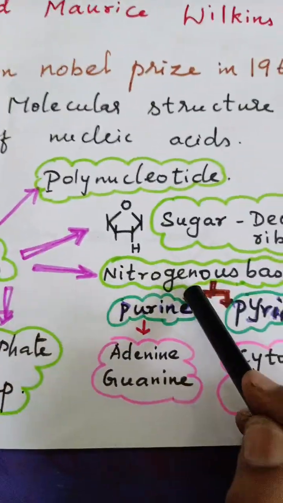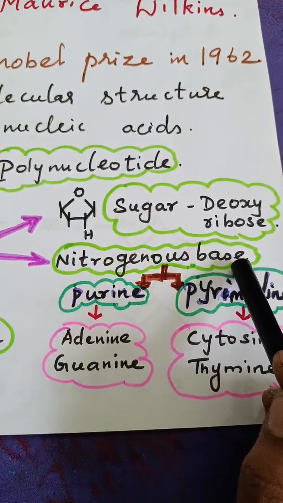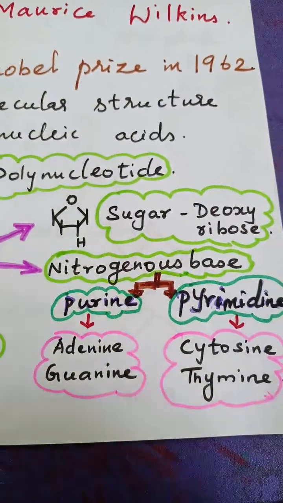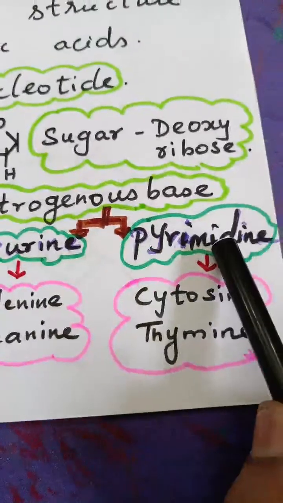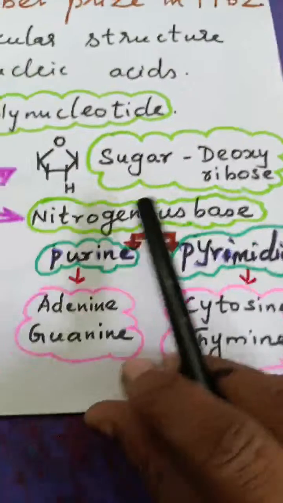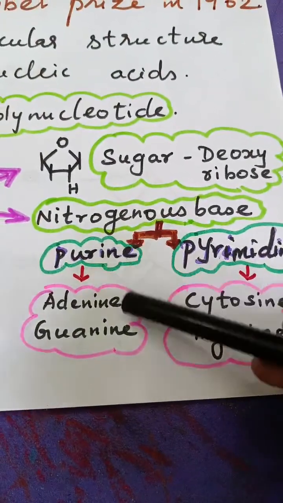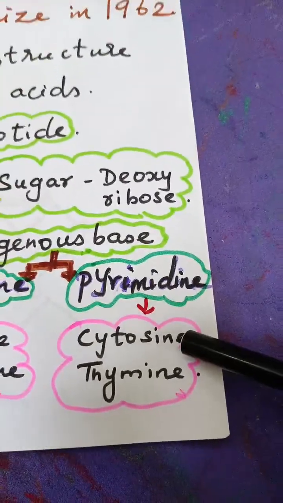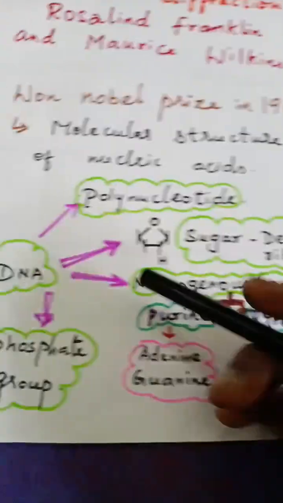Next is the nitrogenous base. It contains nitrogenous bases, that is nitrogen containing substances. They are the purines and pyrimidines. What are they? Purines are adenine and guanine, and the pyrimidines are cytosine and thymine.